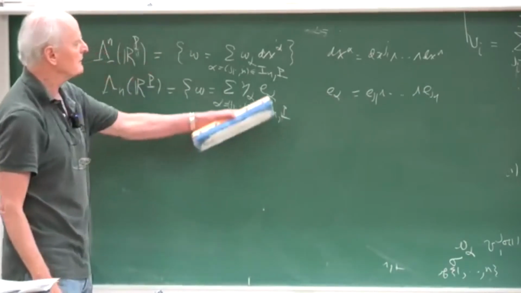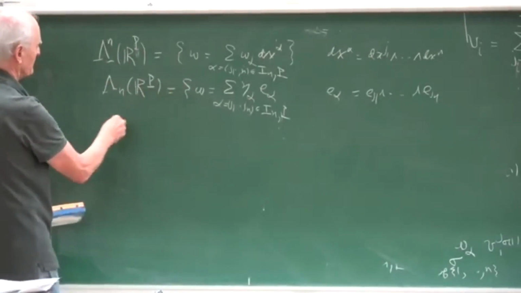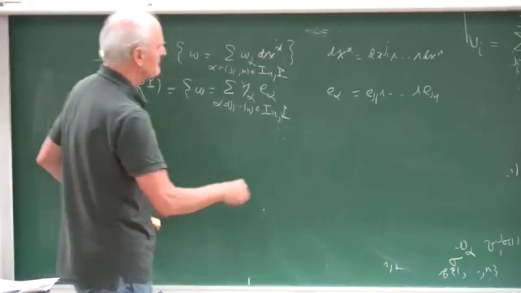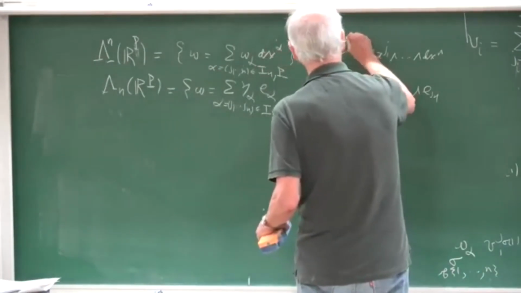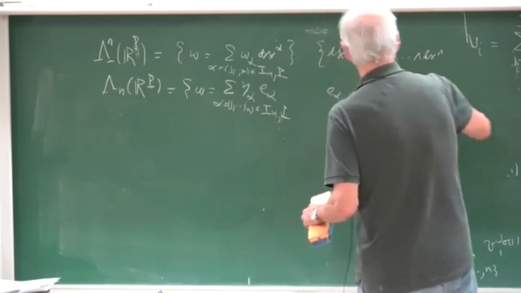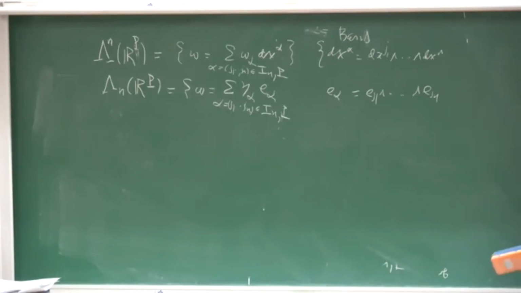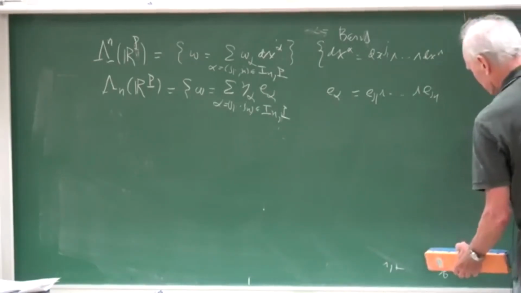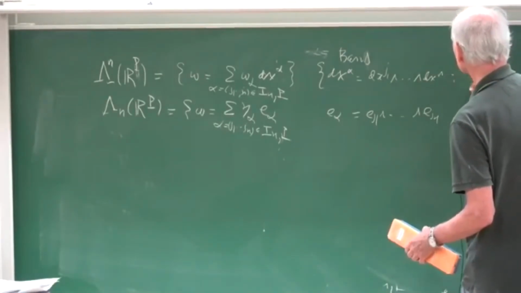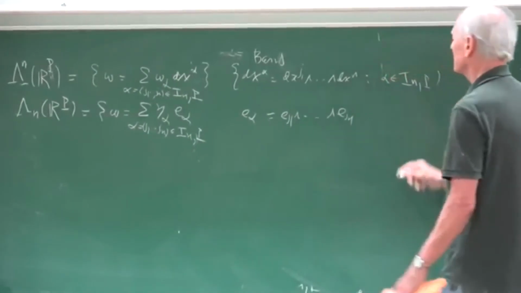Now clearly these are a basis for this space. There's a linear space and these are a basis. So the dx alpha are the basis for this first space. Let's see, I've forgotten.